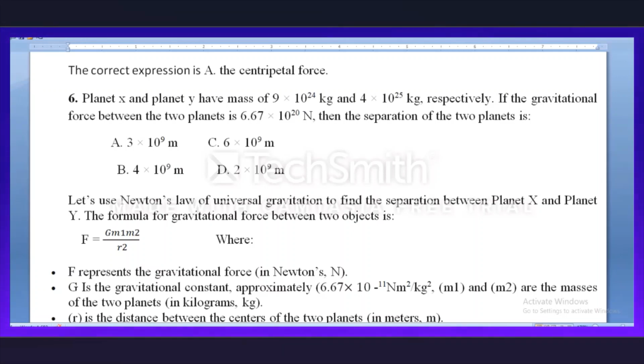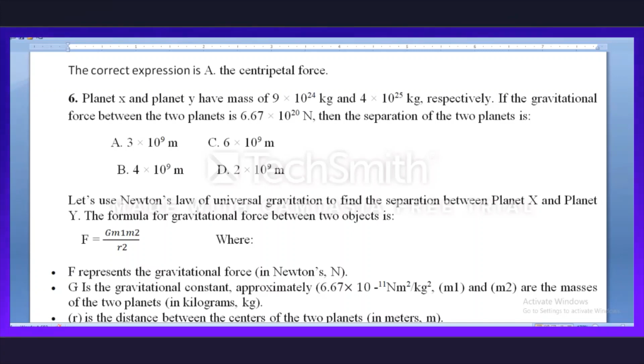If the gravitational force between the two planets is 6.67 times 10 to the power of 20 Newton, then the separation between the planets is: choice A, 3 times 10 to the power of 9 meter; choice B, 4 times 10 to the power of 9 meter; choice C, 6 times 10 to the power of 9 meter; choice D, 2 times 10 to the power of 9 meter. Let us use Newton's law of universal gravitation to find the separation between planet X and planet Y.